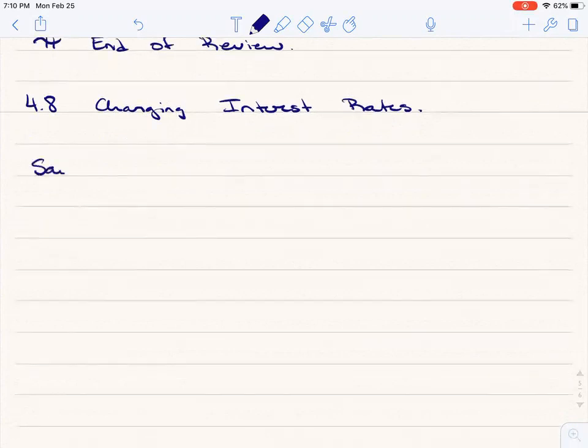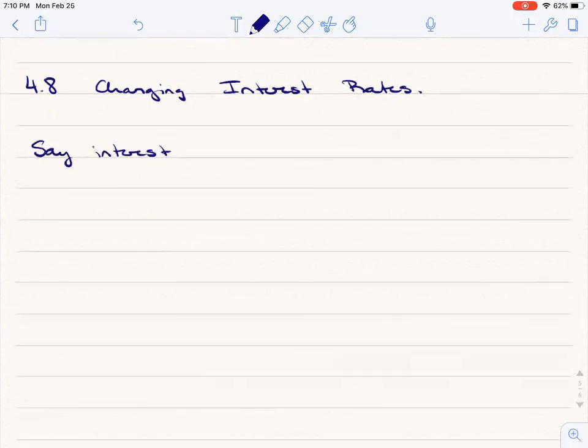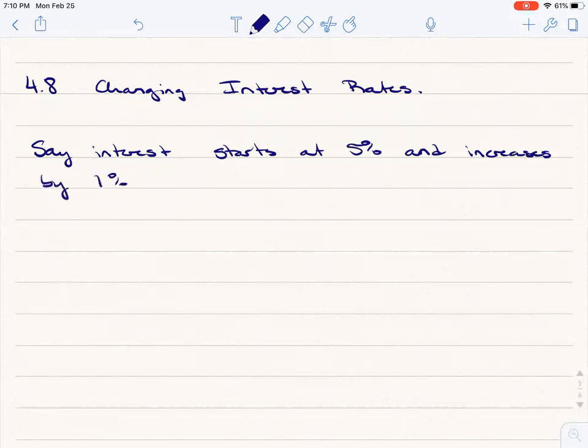Say interest starts at 5% and increases by 1% every 4 months.